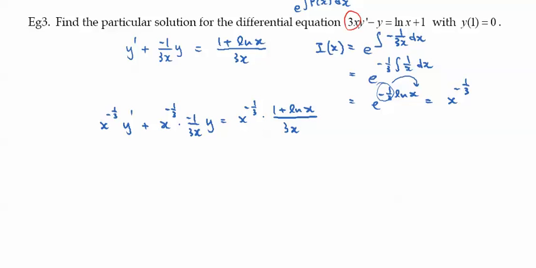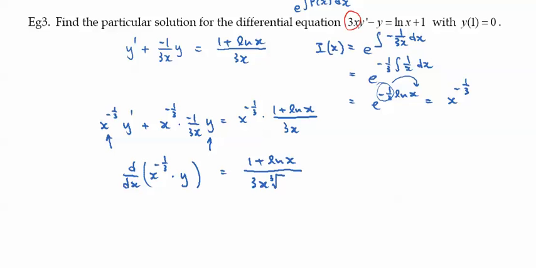So the left hand side, which actually came from the product rule involving this term and that term, will now combine to give us this times that. And on the other side, I can simplify this into 3x cube root of x.